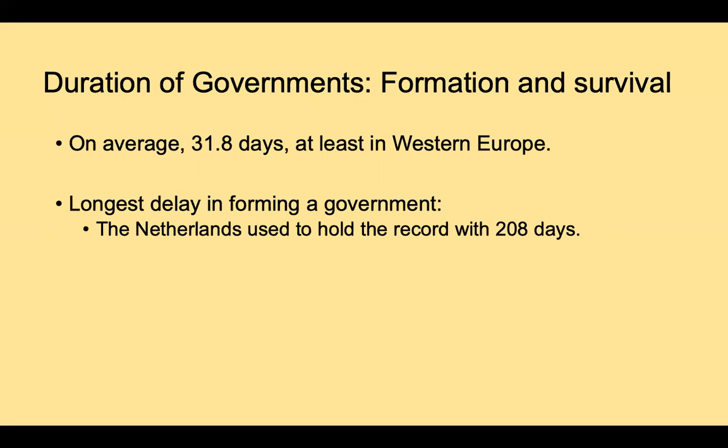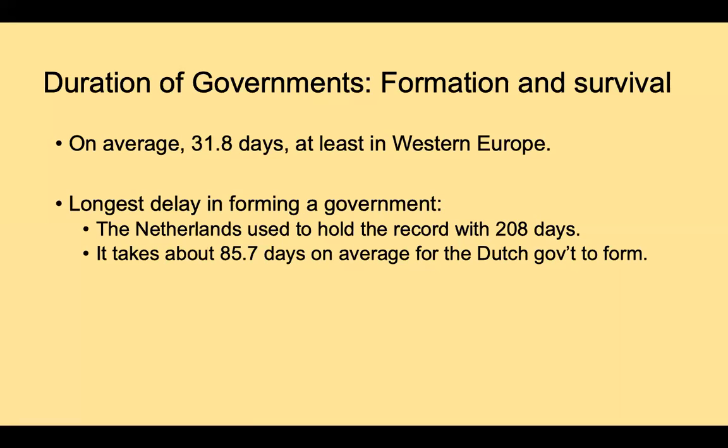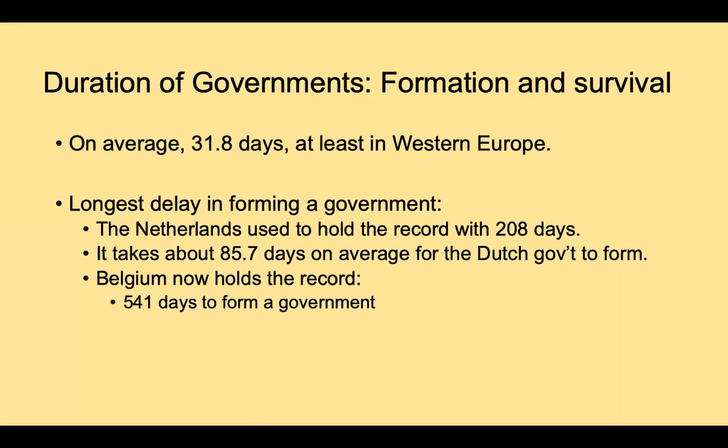Now, the longest delay in forming a government used to be 208 days, in the Netherlands, but more recently it was outflanked by Belgium, which holds the record today: 541 days to form a government, 644 days without a government. It takes about 85.7 days on average to form the Dutch government.